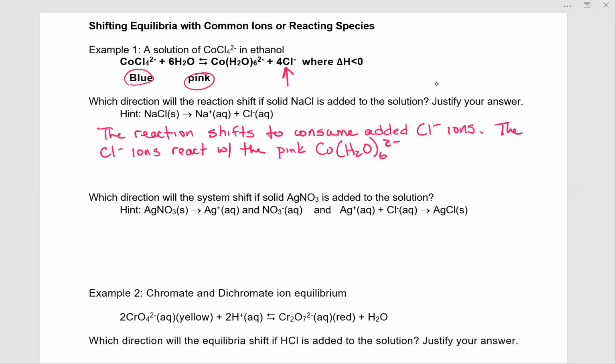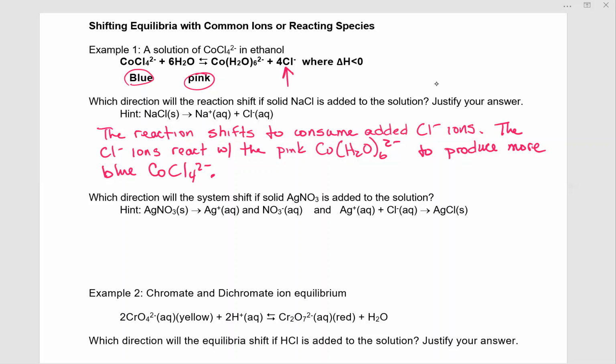So that means that the pink color is going to fade away to produce more of the blue cobalt tetrachloride. So the reaction is going to shift in the left direction.